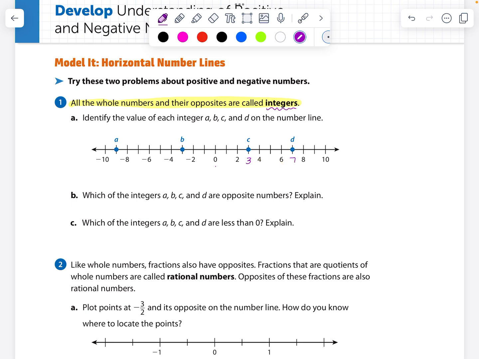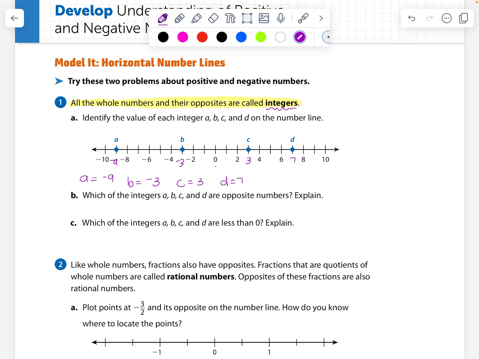And then going backwards, or counting in the opposite direction from 0, negative 1, negative 2, negative 3, negative 4, negative 5, negative 6, negative 7, negative 8, negative 9. So to answer this question, we would identify A is equal to negative 9, B is equal to negative 3, C is equal to 3, and D is equal to 7.